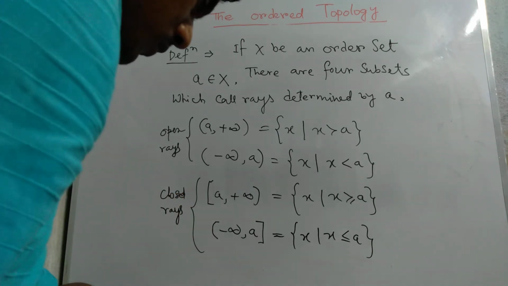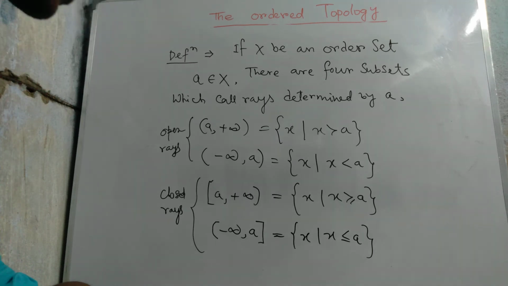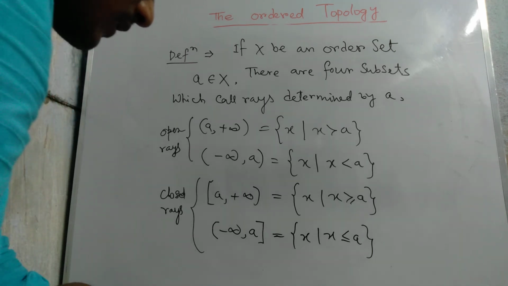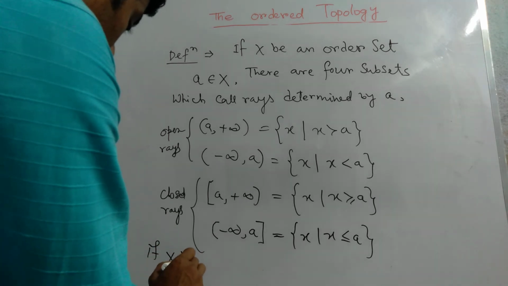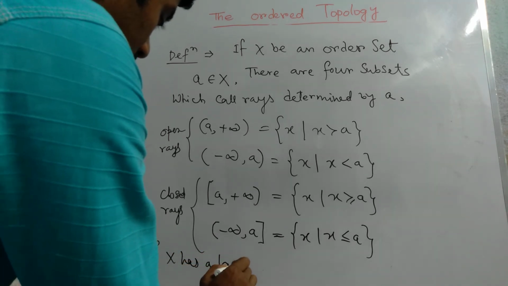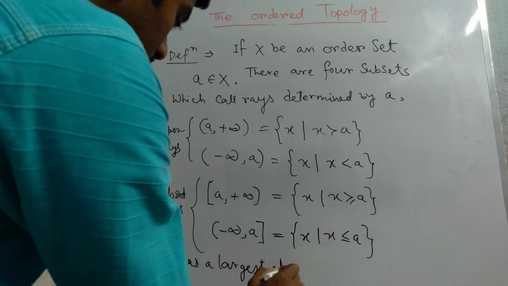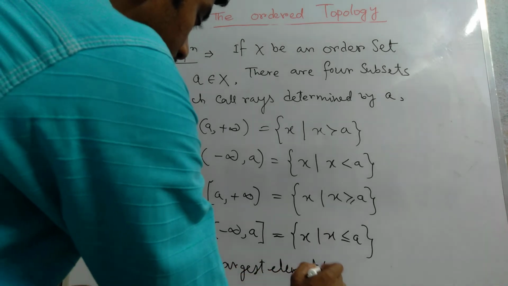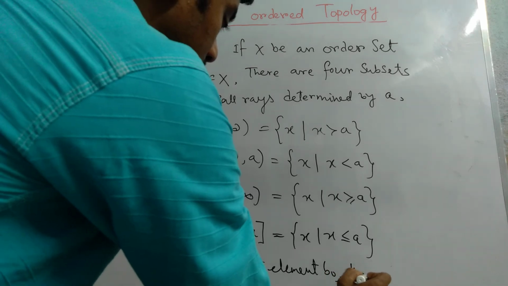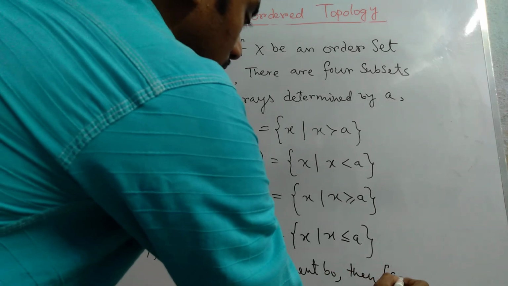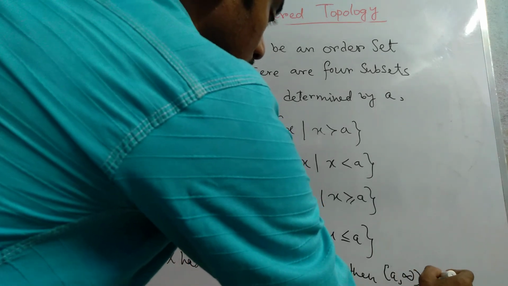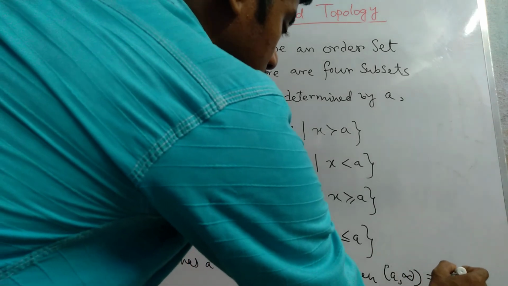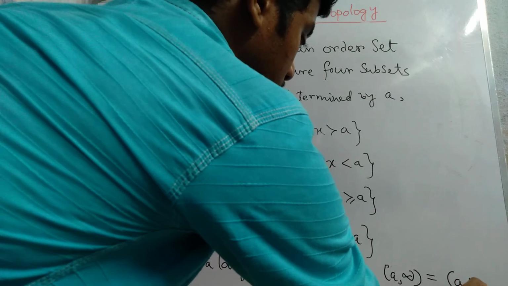So if X has a largest element b0, then (a, plus infinity) is equal to or approximately (a, b0].